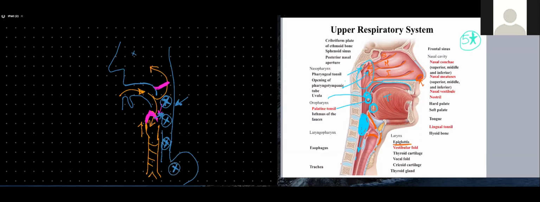If I contract the oropharynx, I'm creating a high pressure because I'm reducing the volume. Remember the relationship between the volume and the pressure. When you reduce the volume, pressure goes up. Having high pressure within the oropharynx means it tries to escape to a site with lower pressure. So it will either go down or go up.